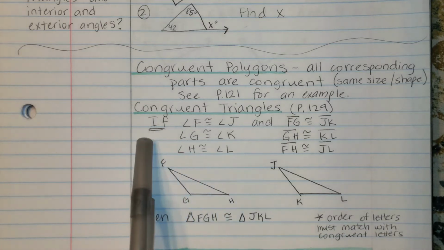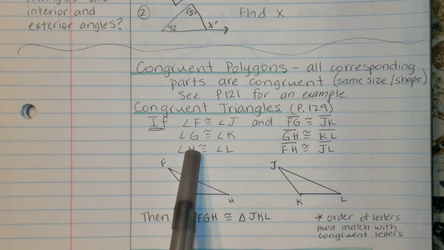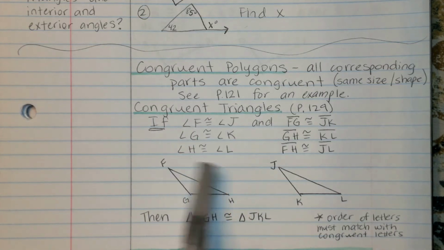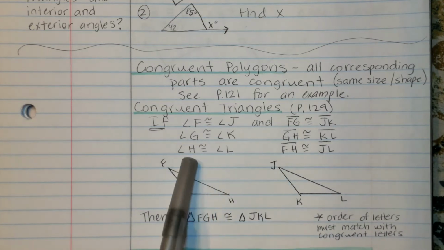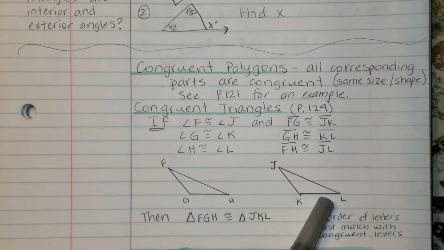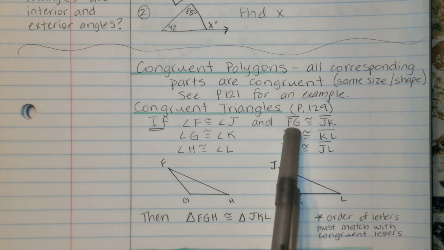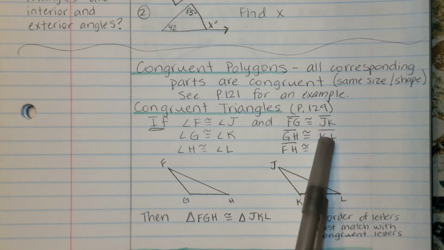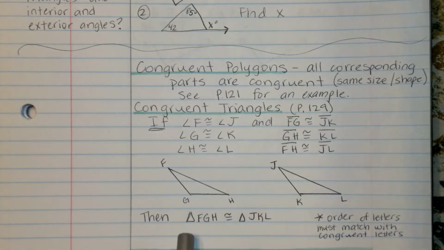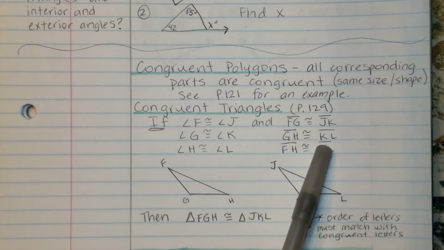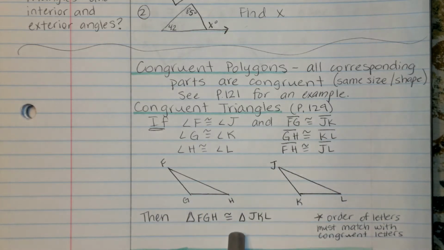So it says if all these different angles are congruent, F and J, G and K, and then H and L, and then all of these different sides or segments are congruent, then down here, triangle FGH is congruent to triangle JKL. So if you have every angle congruent and every side congruent, then the triangles are congruent.